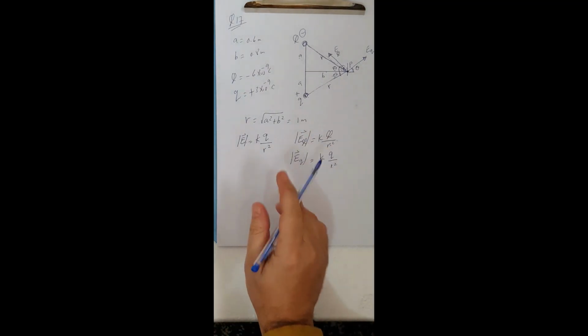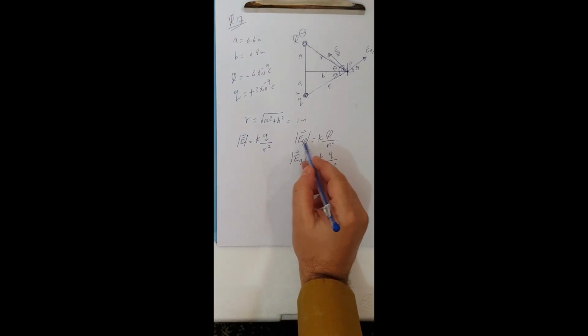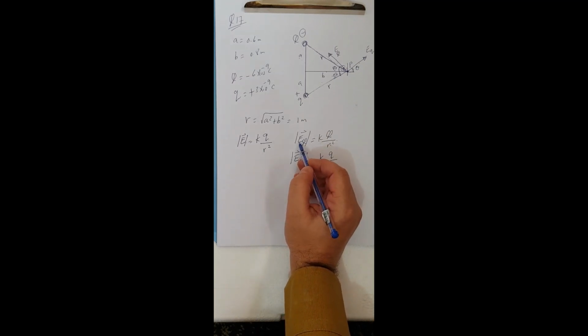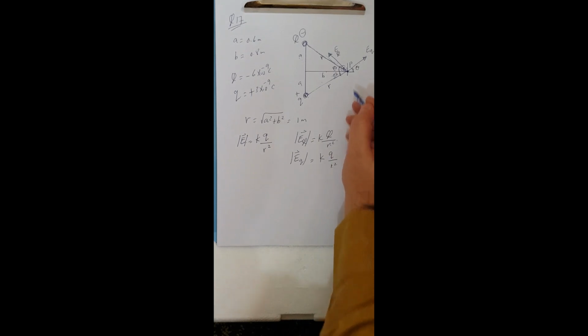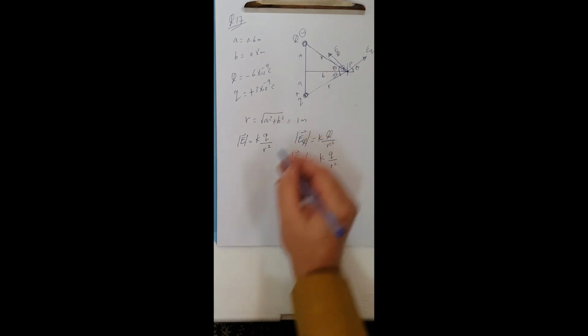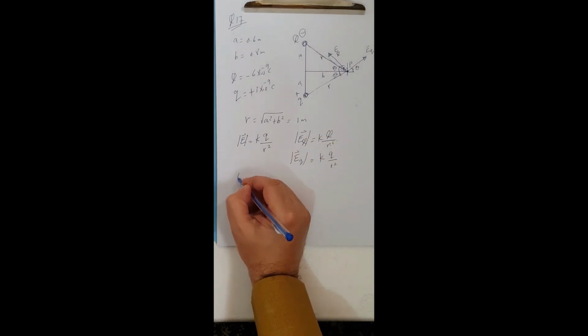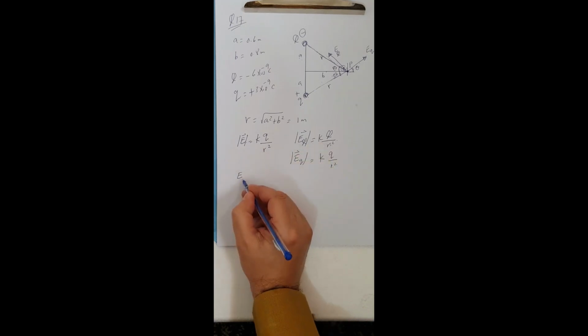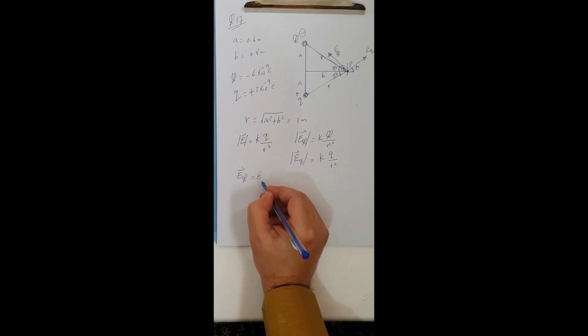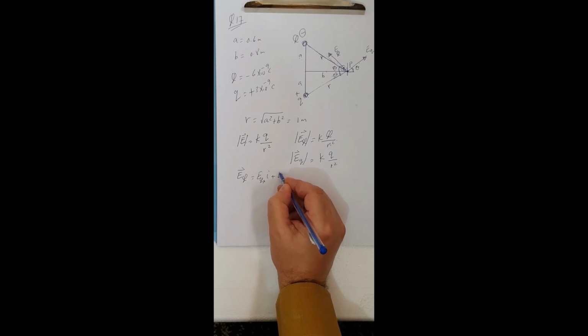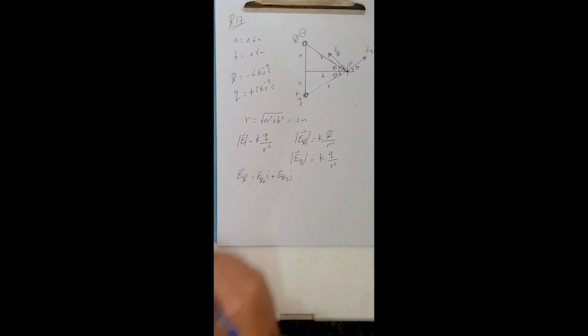Now, once we know the electric field magnitudes, we can think of the components, because each electric field, let's say for Q, has two components: an X component, E_Qx i, and E_Qy j.